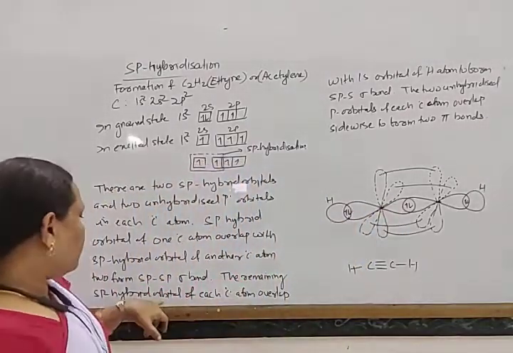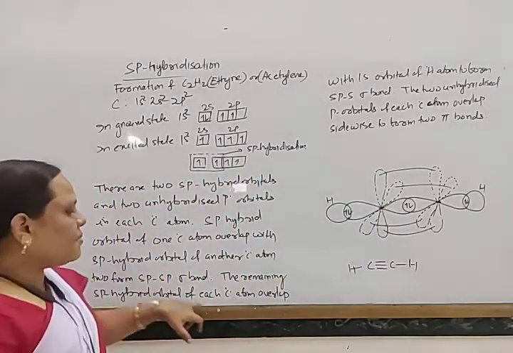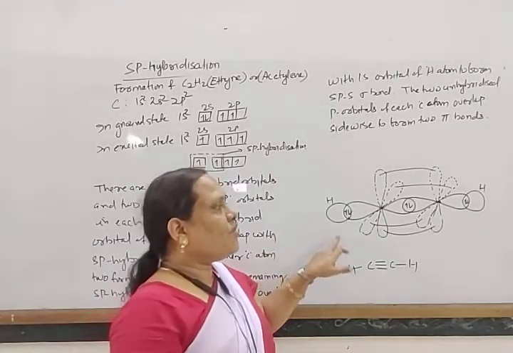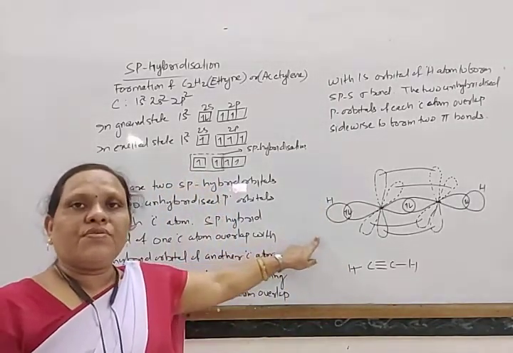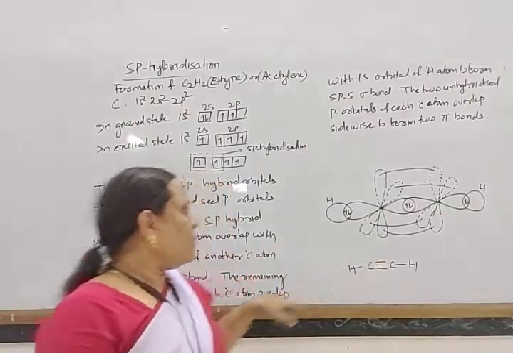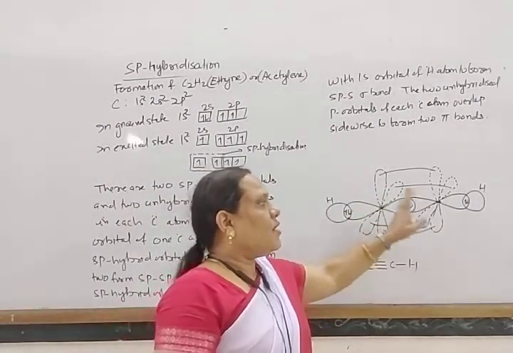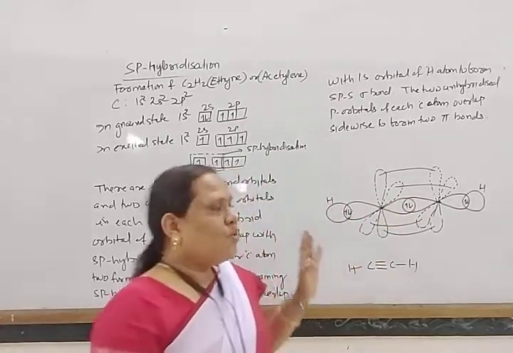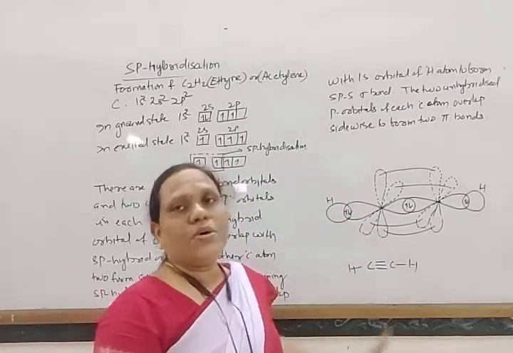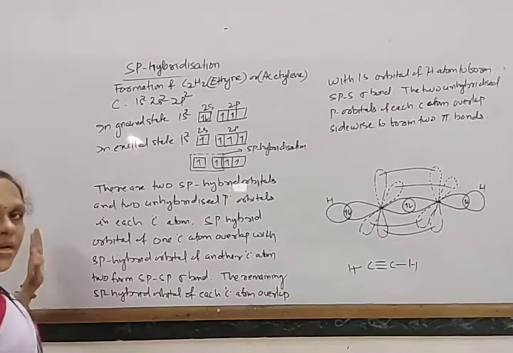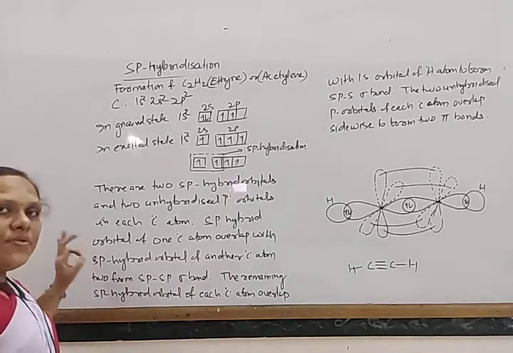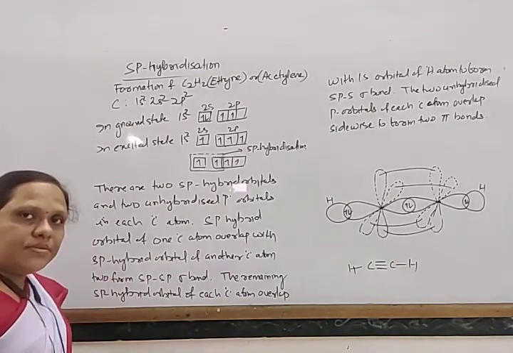In this way, this bond forms. The remaining sp hybrid orbital of each carbon atom overlaps with the 1s orbital of a hydrogen atom to form an sp-s sigma bond. The unhybridized p orbitals of each carbon atom overlap sidewise to form 2 pi bonds. Okay, so note down these points, then we'll discuss another example.